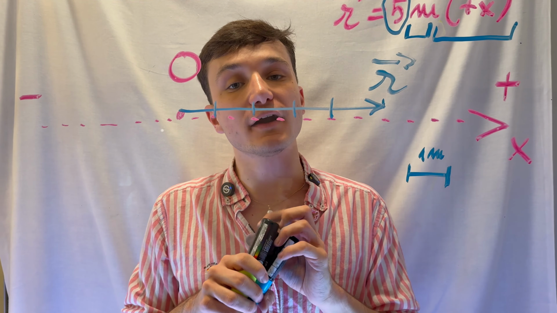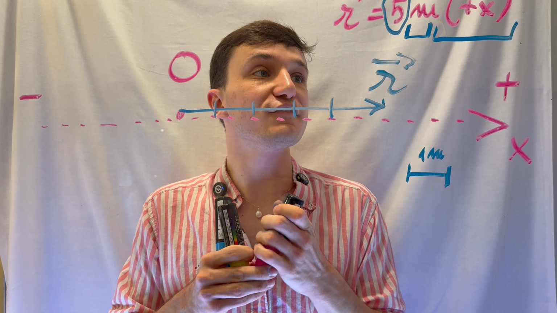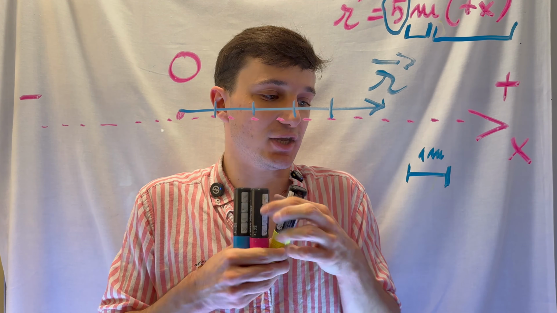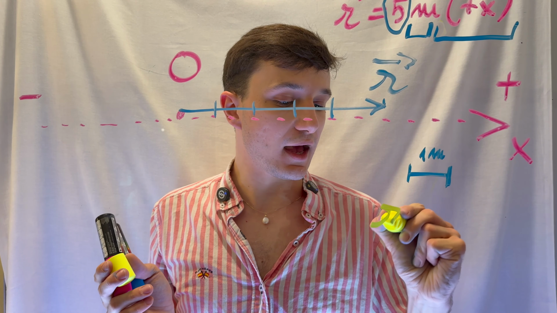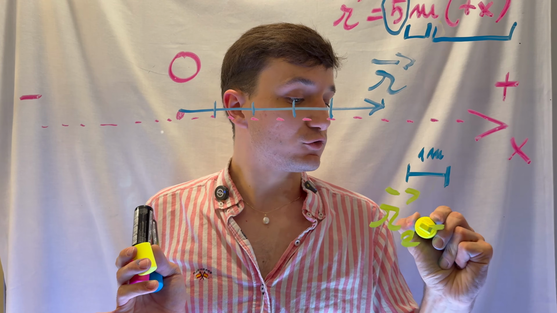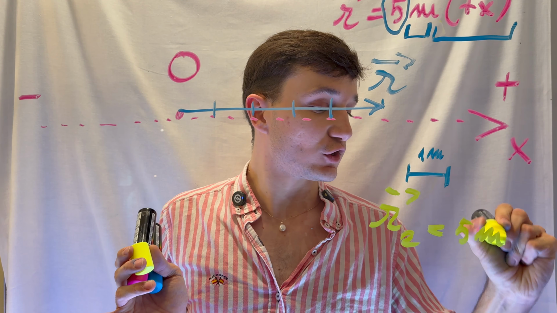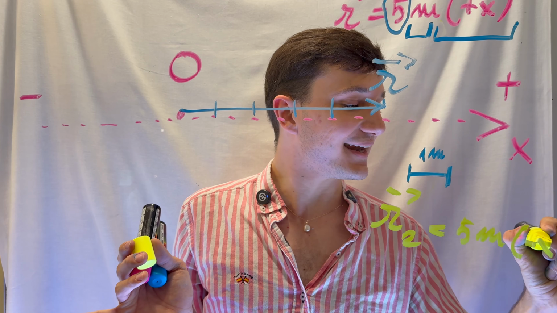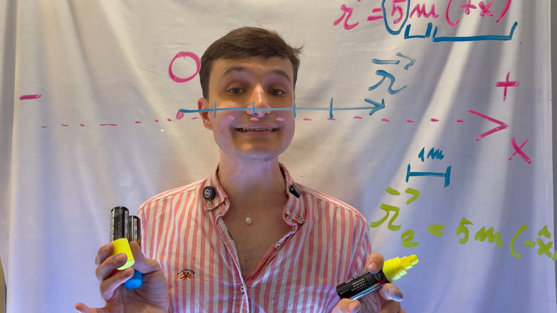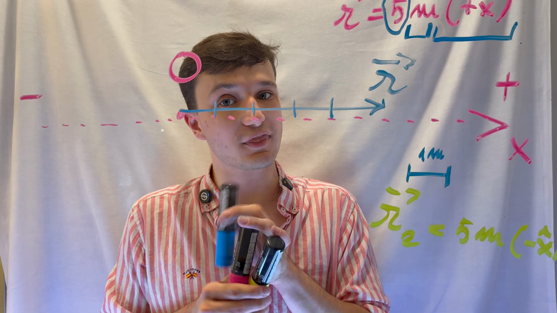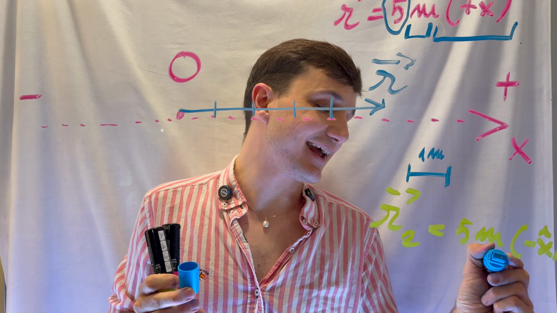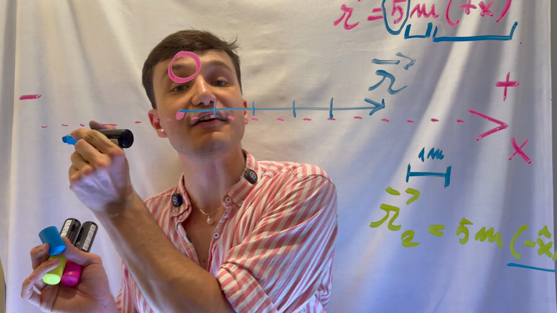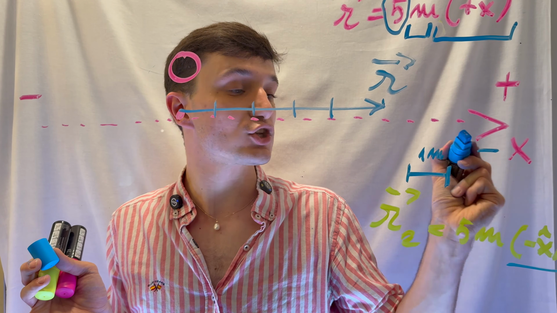Now to show why it is very important to show direction, what if I gave you a different position and I told you draw R2 to be 5 meters. Notice how it's the same number of units, however, to the negative x side. In this case, what do we start with? We start with the direction. The direction is negative x side, so I need to go to the left, contrary to my initial arrow.